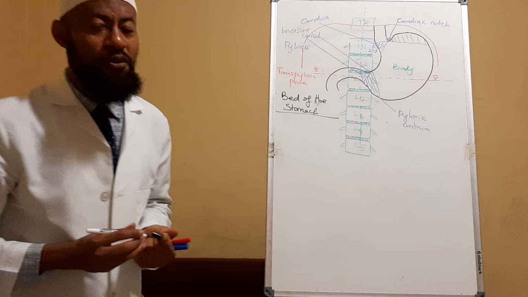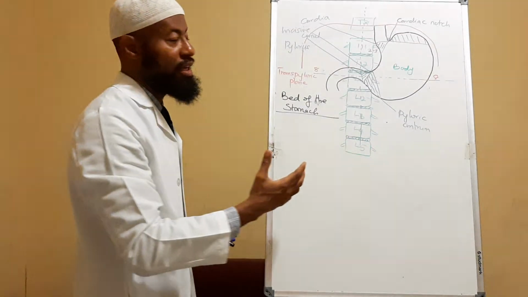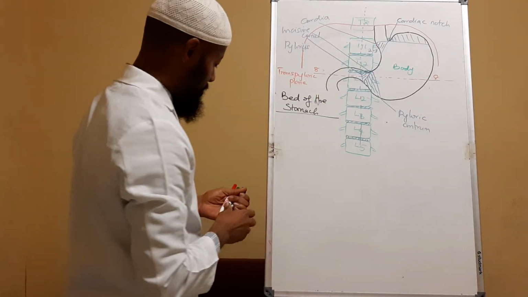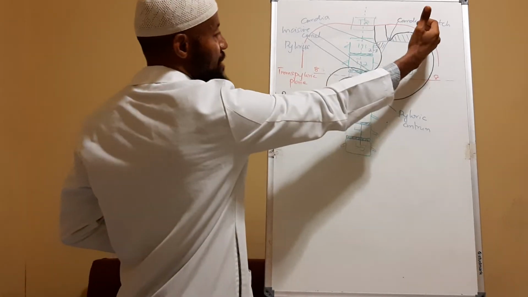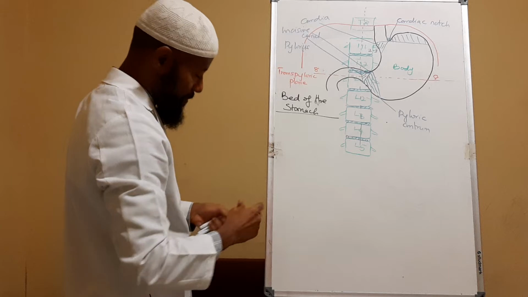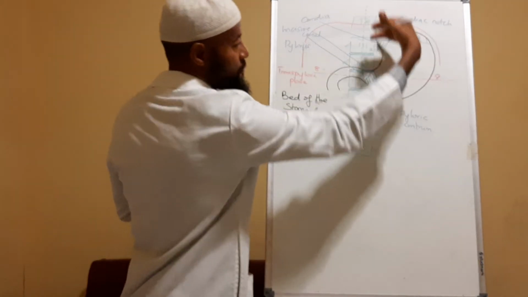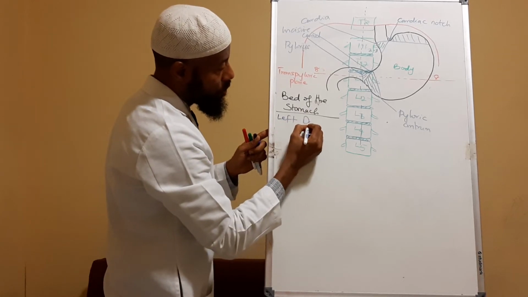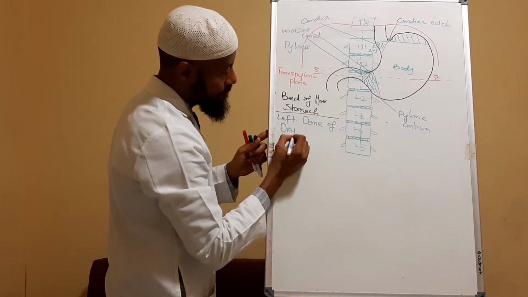Now from superior to inferior, there are structures upon which the stomach is lying. One of them will be the left dome of the diaphragm. So we have the first structure there, from superior to inferior, the left dome of the diaphragm.